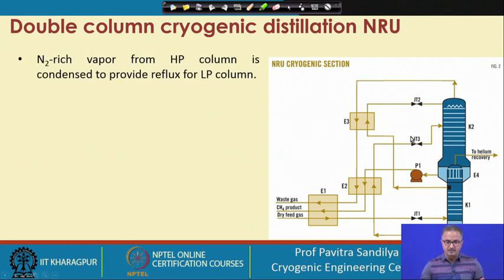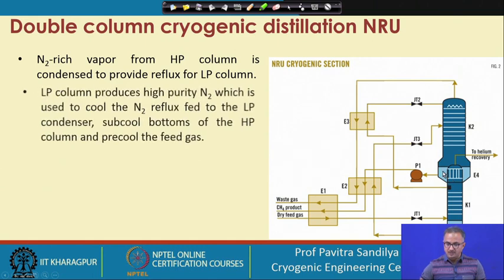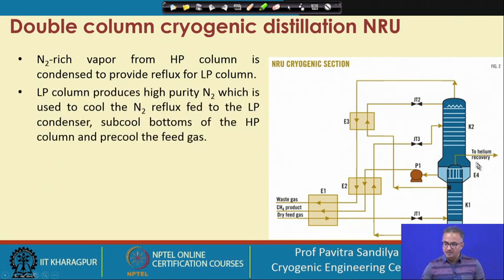The nitrogen rich vapor from the high pressure column is condensed to provide the reboiler duty for reboiling the liquid in the top column, and the low pressure column produces high purity nitrogen, which is used to cool the nitrogen reflux fed to the low pressure condenser, subcool the bottoms of the high pressure column and pre-cool the feed gas.